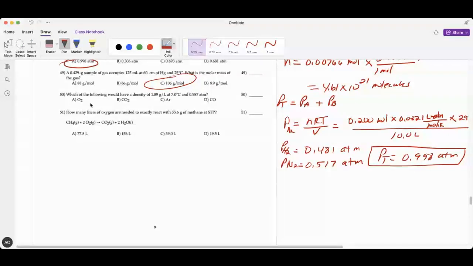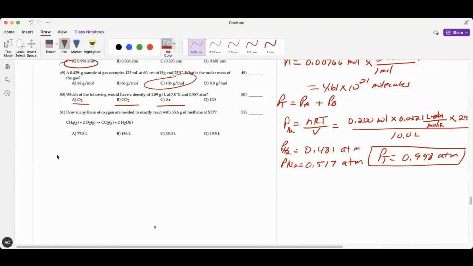Let's see. Which of the following would have a density of 1.89 grams per liter at 7 degrees Celsius and 0.987 atmospheres?